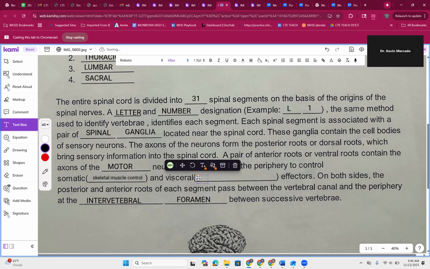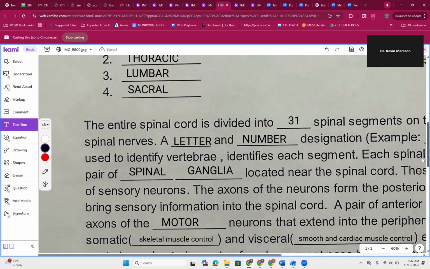And then visceral, to summarize it, we'll put smooth and cardiac muscle control. All right, so that's how you can kind of summarize those.